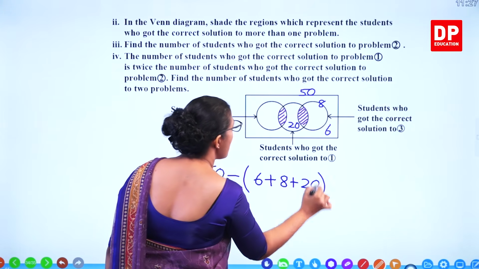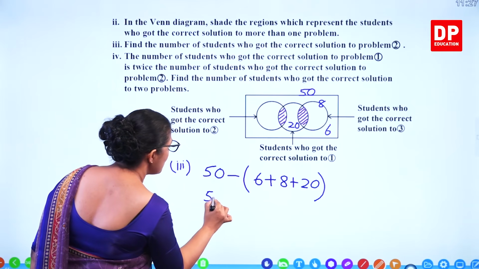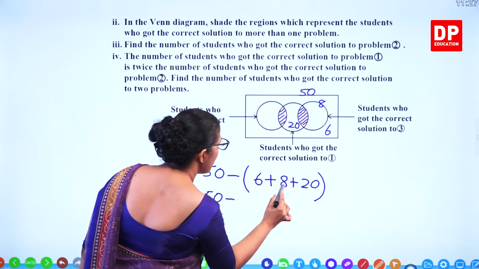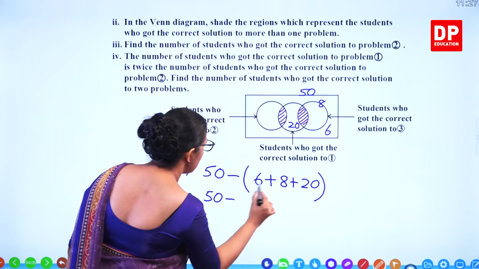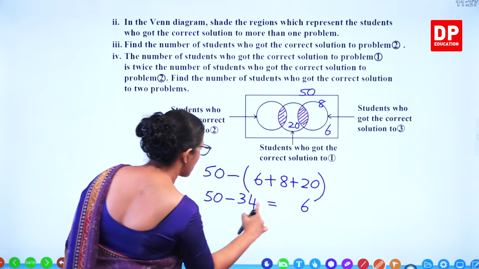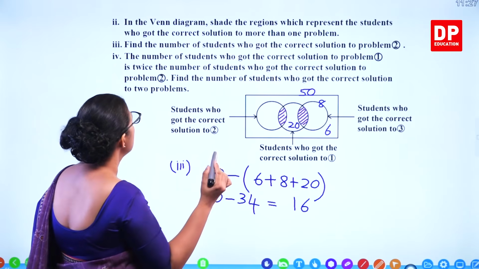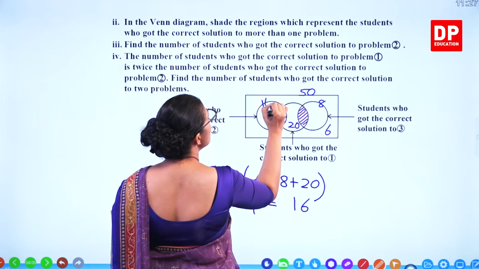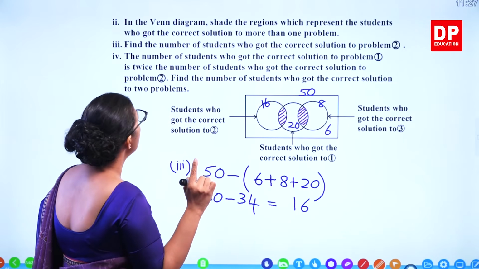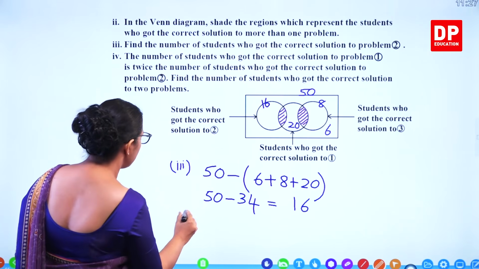When you subtract, you get this circle. 50 minus, you get 14, 34. So 6 plus 4, 10, and 1, 16 here. Correct to question number 2. Fourth part.